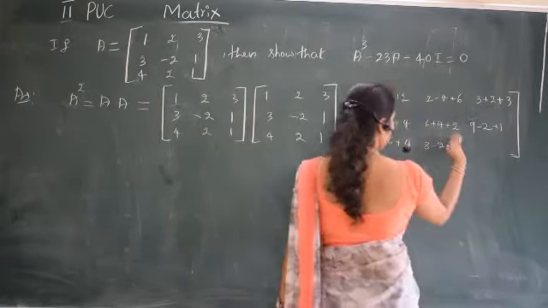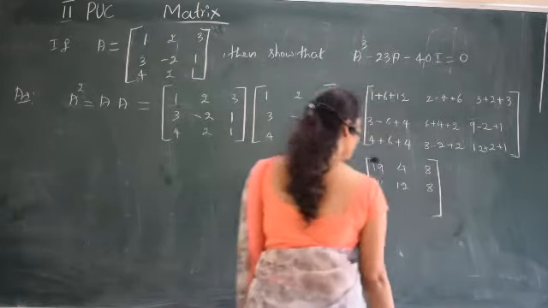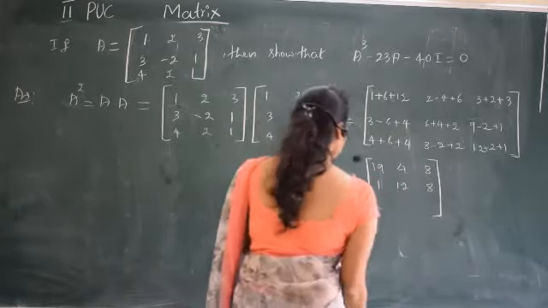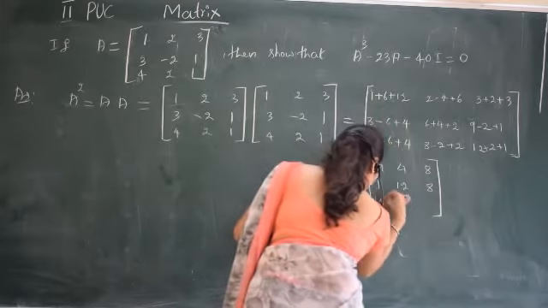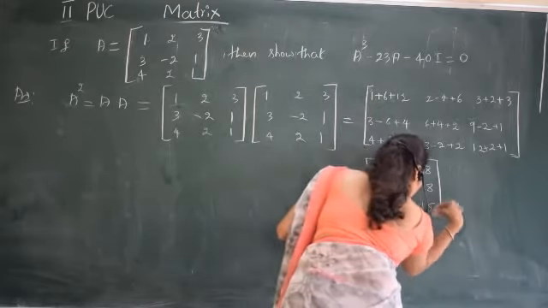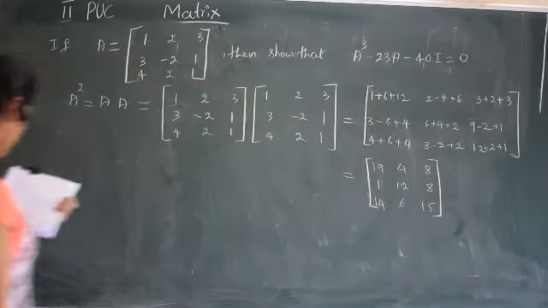So we can write the answer as 19, 4, 8. Then 1, 12, 8, and the last one is 14, 6, 15.